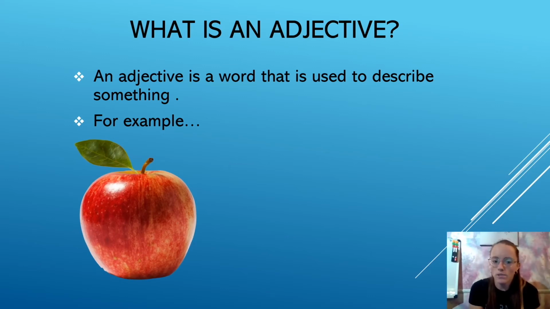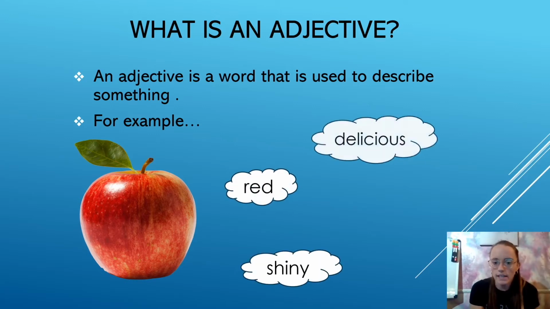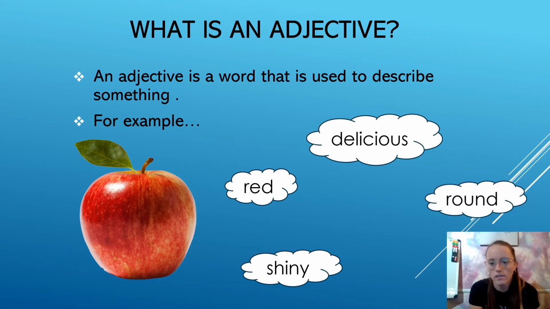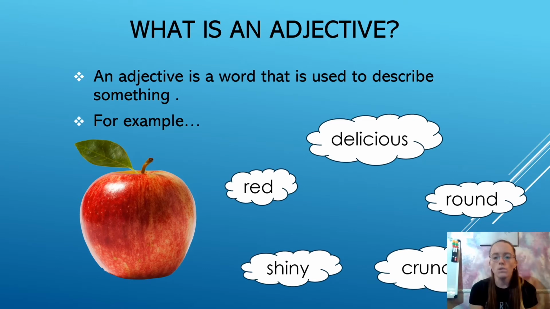Some of the words we could use to describe this apple, these are adjectives. They could be red, shiny, delicious, round, and crunchy. All of these adjectives can be used to describe this apple.